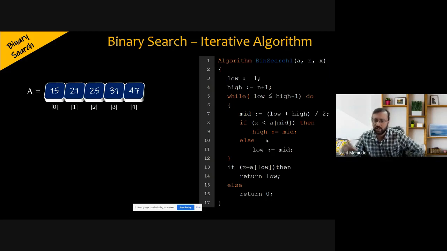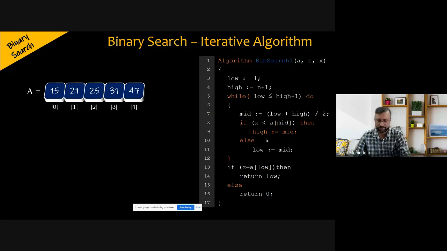So to make it a little more efficient, though the complexity will be O of log n itself, one of the comparisons, which is whether it is found or not, equal to or not, is done outside the while loop. That is the only difference.